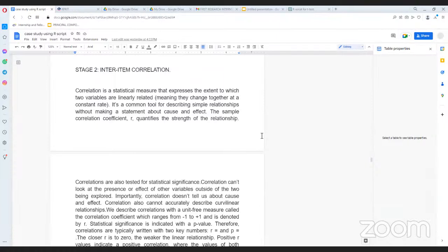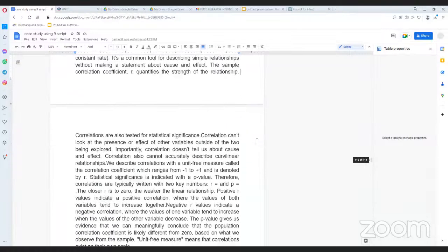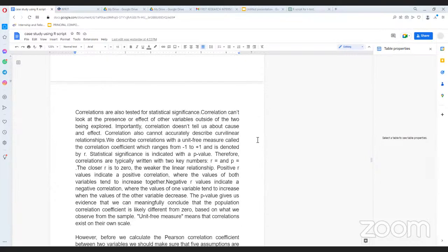The sample correlation coefficient R quantifies the strength of the relationship. Correlations are also tested for statistical significance. Correlation cannot look at presence or effect of other variables outside of the two being explored. Importantly, correlation does not tell us about cause and effect. Correlation also cannot accurately describe curvilinear relationships.